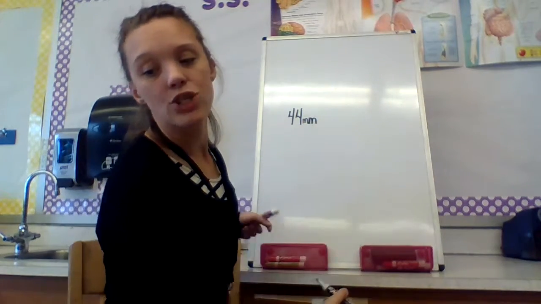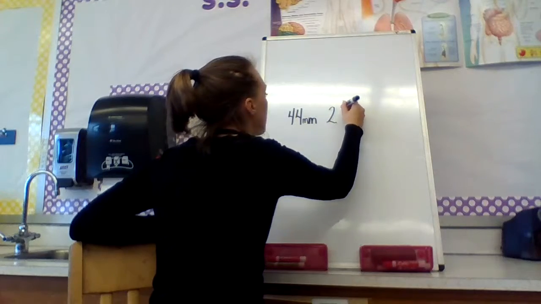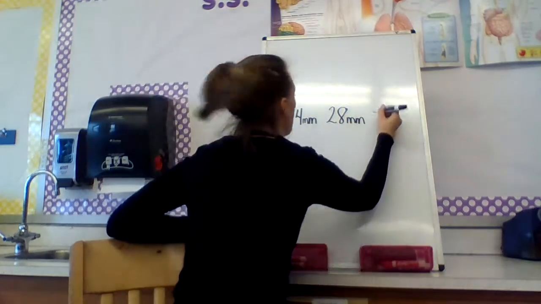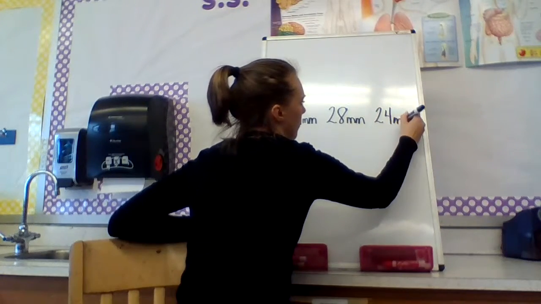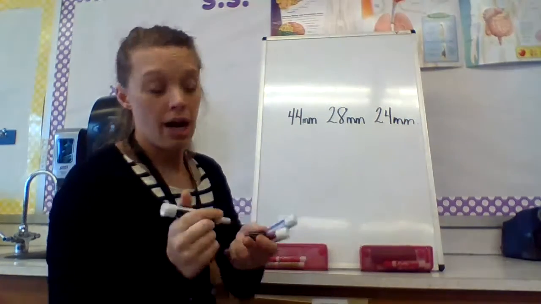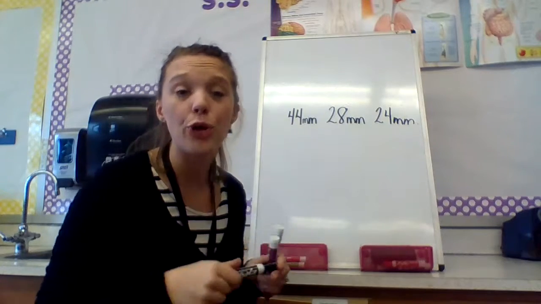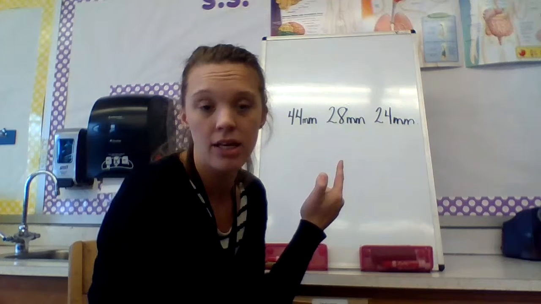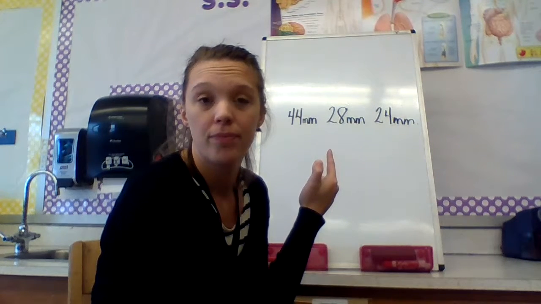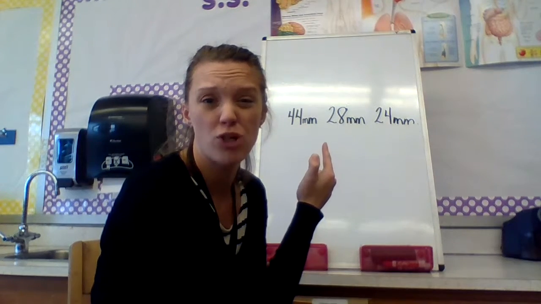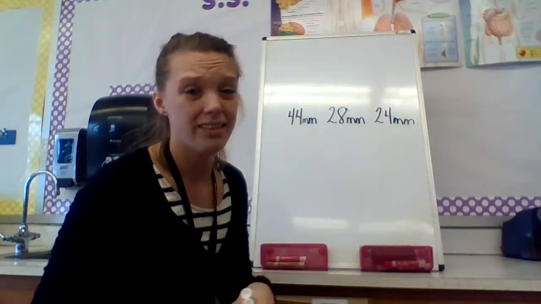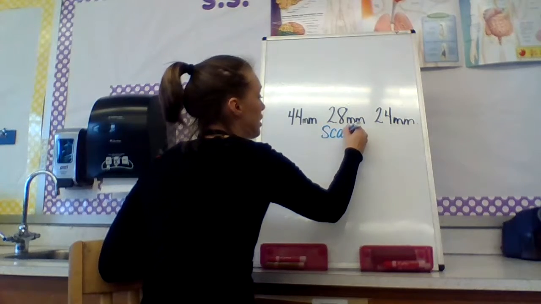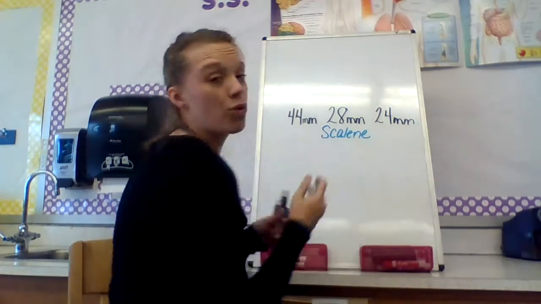The second side is 28 millimeters. And the third side is 24 millimeters. I can automatically determine what kind of triangle this is based on the lengths of the sides. None of these are the same. 44, 28, 24. That, my friends, is a scalene triangle, if I've ever seen one. No 2 sides are the same.